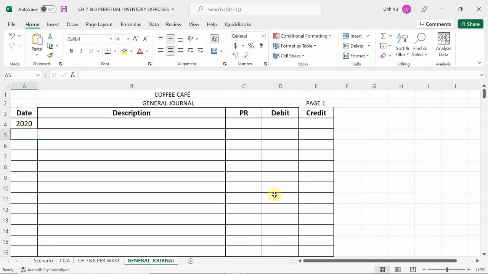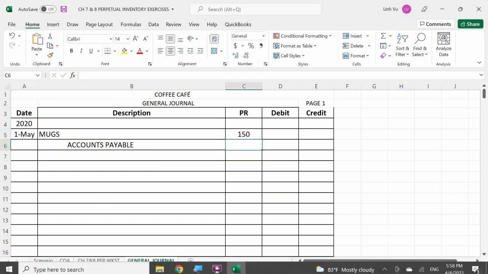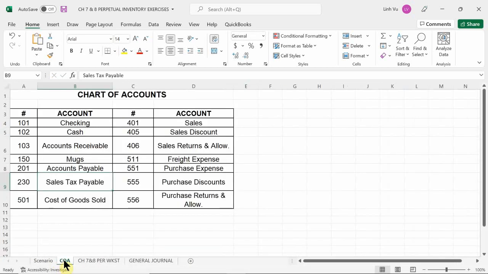So on May 1st, we purchased some mugs on account from Cuppy's Co. Account number 150 was the mugs, the inventory account, and my accounts payable is account number 201.